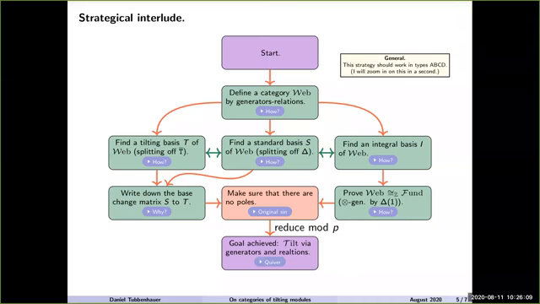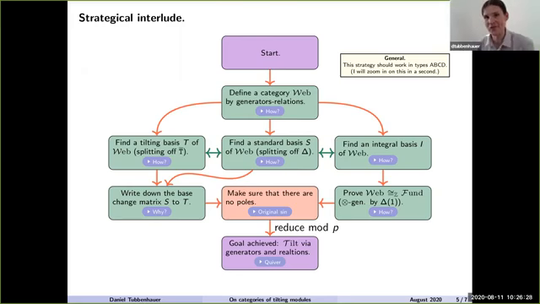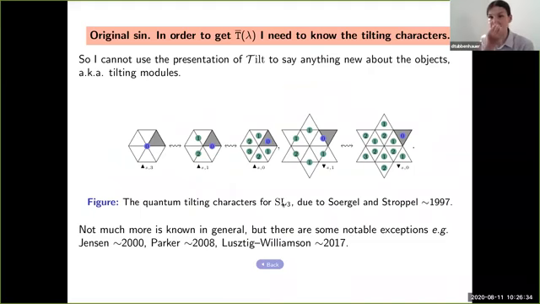Yeah, I guess my question is, looking at this strategy page, it seems like part of this strategy is already knowing what the character of the tilting module is. You're a little bit ahead of everyone here. I need to know what the tilting character is. That's exactly correct.